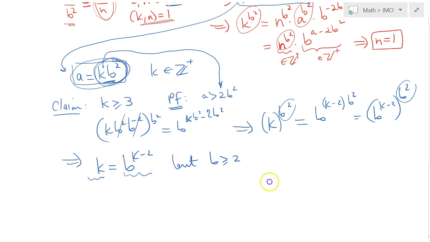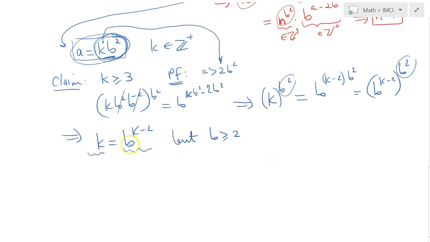So what we have is the right hand side, b to the power k minus 2, is greater than or equal to 2 to the power k minus 2, and in fact we will have that this thing is strictly greater than k. For instance, you can show it by induction again, like we did above.